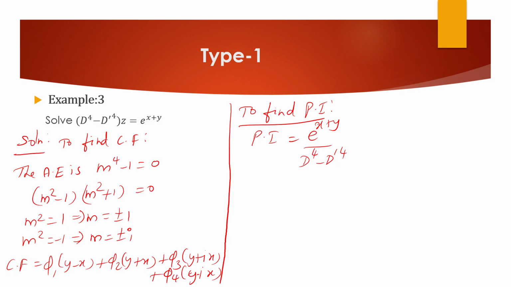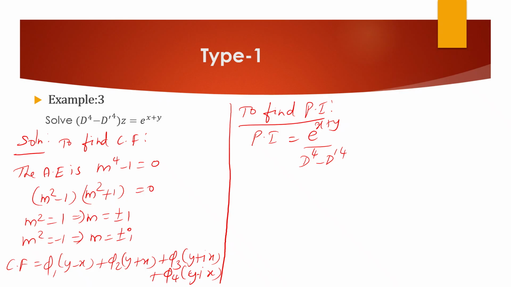So now let us come to find the particular integral. To find the particular integral PI, we take our function f of x comma y, which is given on the right hand side, in the numerator, and our function of D and D dash in the denominator. So it is D power 4 minus D dash power 4.